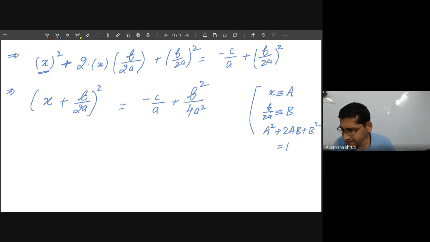That's why we have written this as capital A plus B whole square. So we have applied this on the left hand side to condense it into a single term, which means x gets collected at only one point.